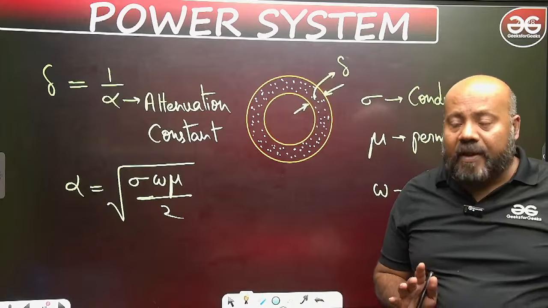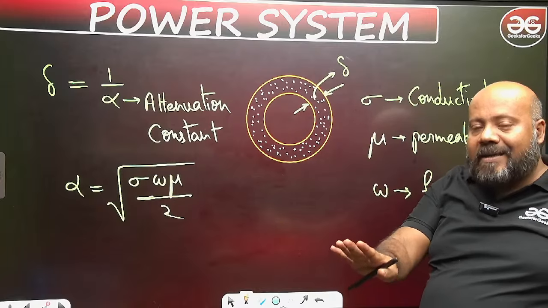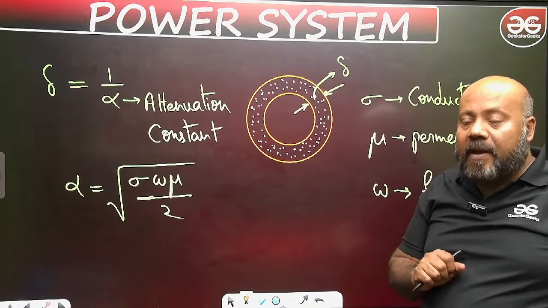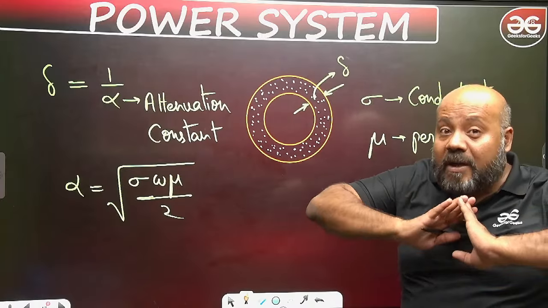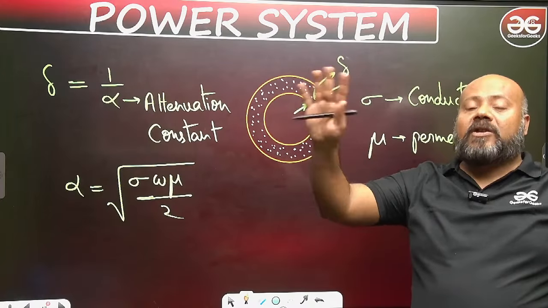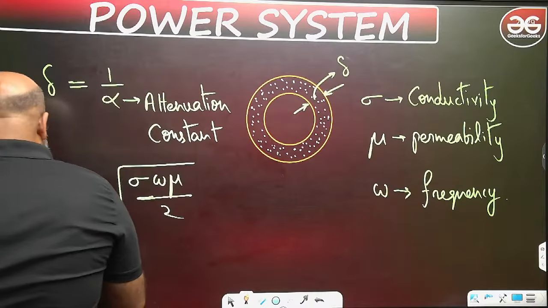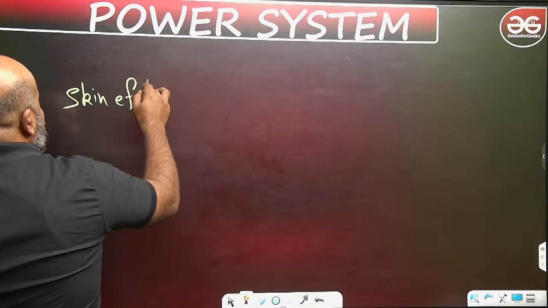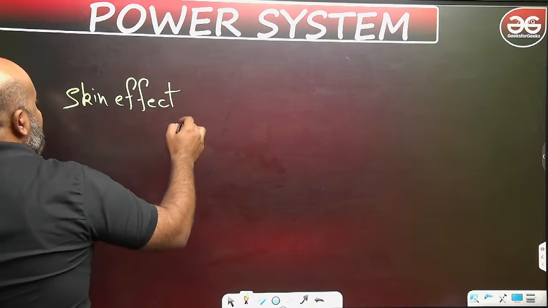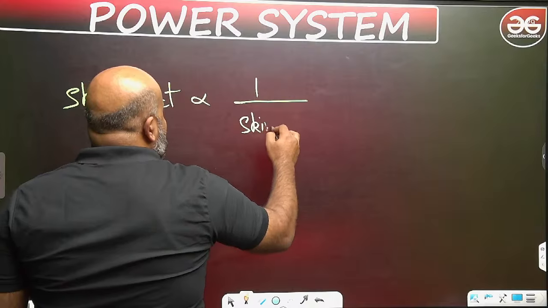So if del is going to be more, the non-uniformity is less, it means the skin effect is also less. If del is going to be small, non-uniformity is very high, so skin effect is also very high. It means you can say that skin effect is inversely proportional to skin depth.